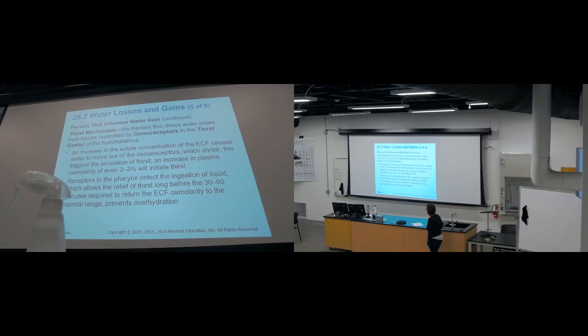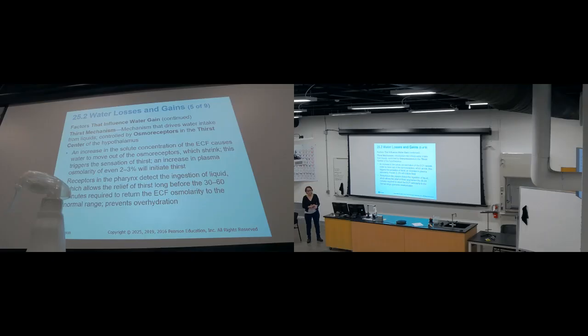And then we have factors that regulate water gain, including the thirst mechanism. So when we have thirst, it means that the osmoreceptors in your body have detected an increase in osmolarity of 2 to 3%.